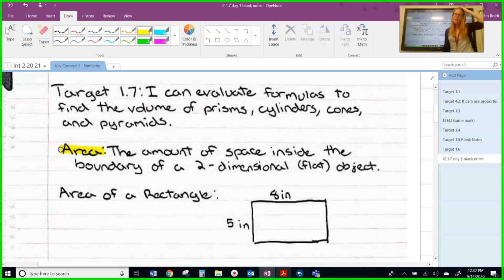Area is the amount of space inside the boundary of a two-dimensional object. So that's a flat object. It's like a piece of paper.